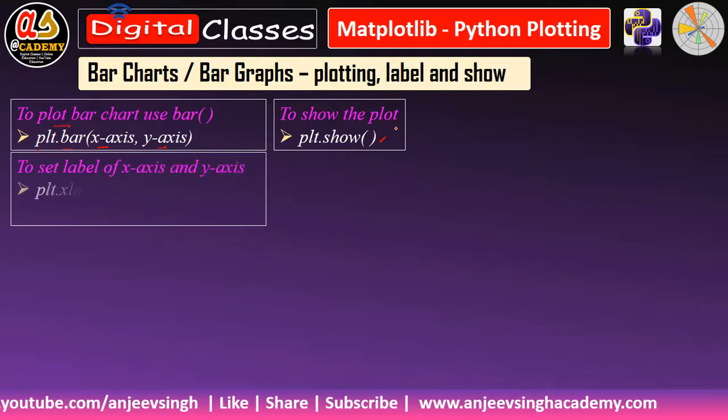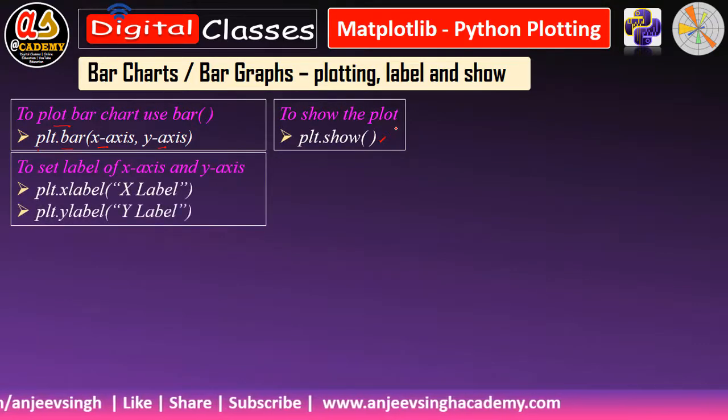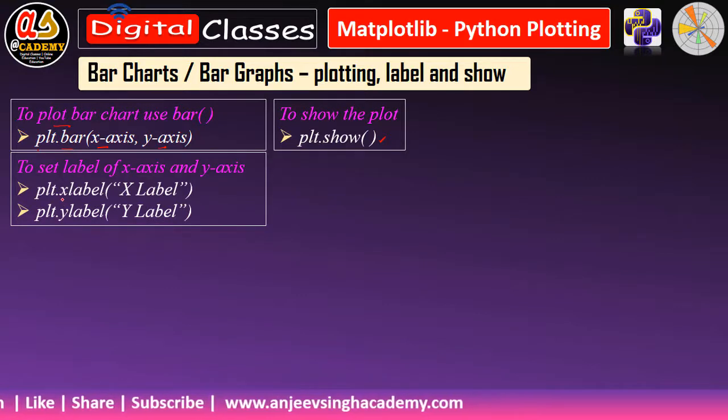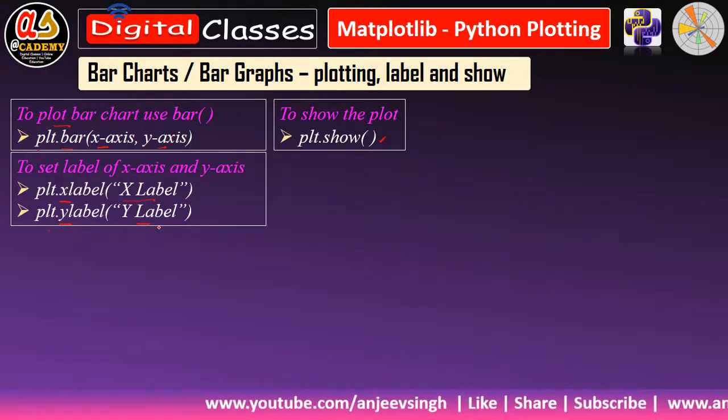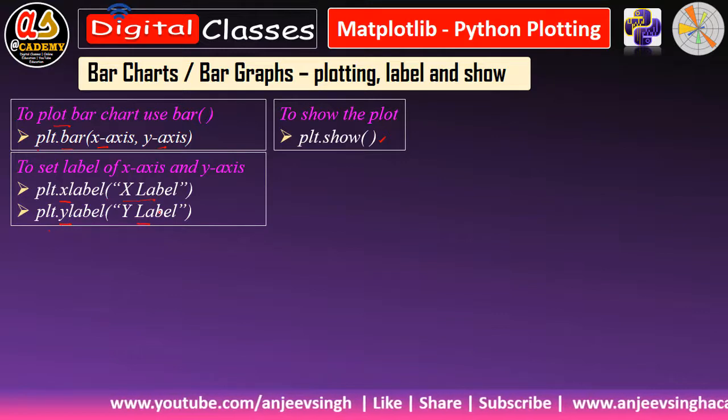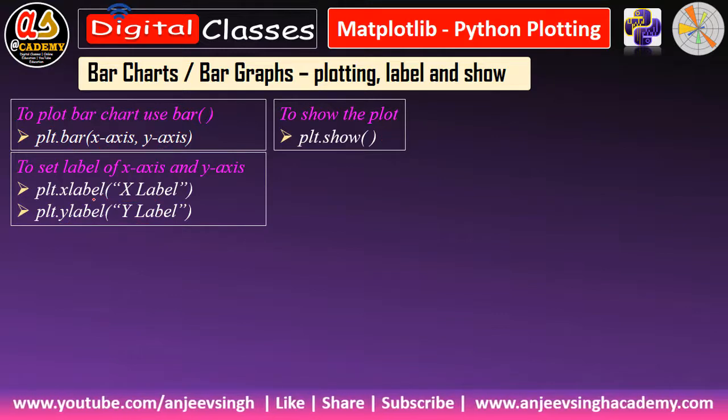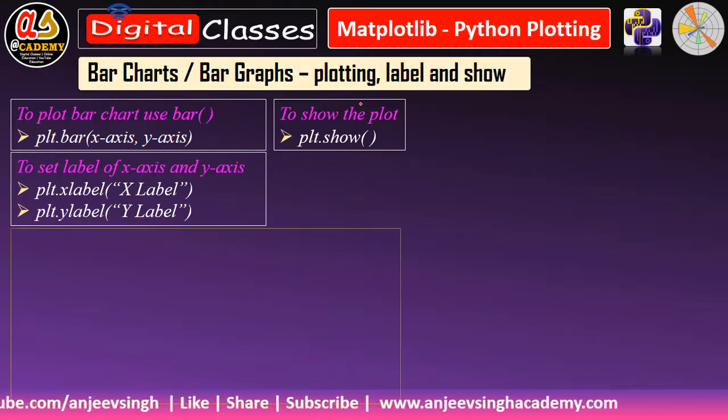And if you want to label your x-axis and y-axis, for that we have to call the xlabel method and ylabel method of plt, and in that you have to mention the name. So this way you can create a simple bar graph.